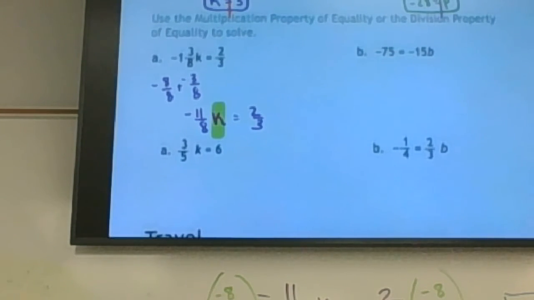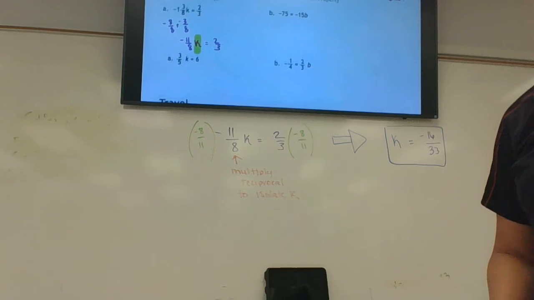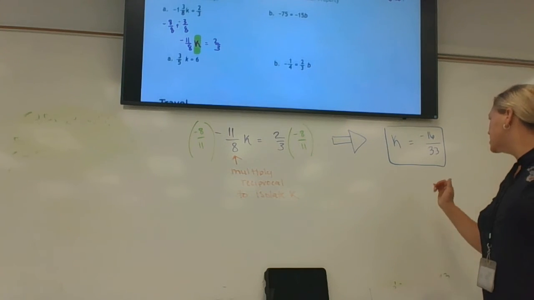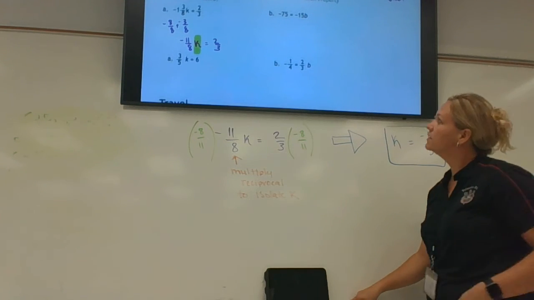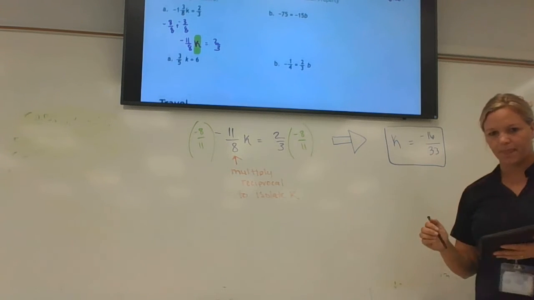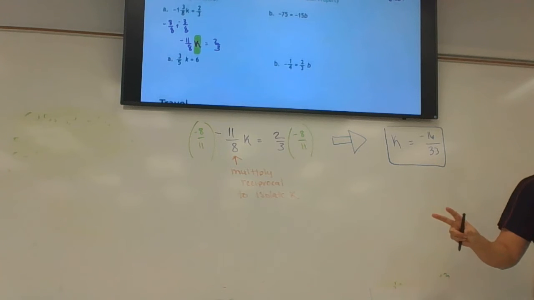So this is the fraction we're looking for. What's that? I don't think 33 divides by 4, or 8, or 2. Okay, so sometimes you have to multiply by the reciprocal to get rid of a fraction.